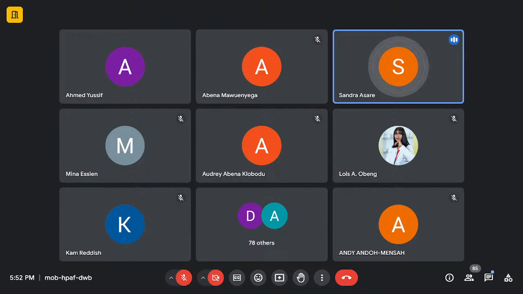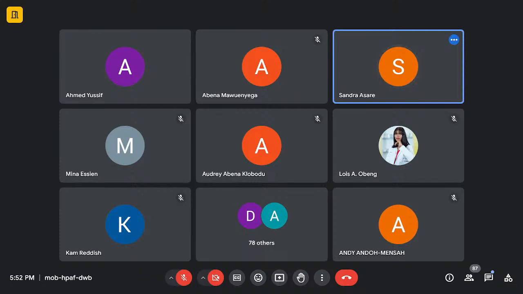Some of the presentations are trismus, risus sardonicus. I don't know if I'm pronouncing it right. Yes, and then the neurotoxins we have tetanolysin, tetanospasmin. And then there are three types of it: cephalic, localized, and the generalized.